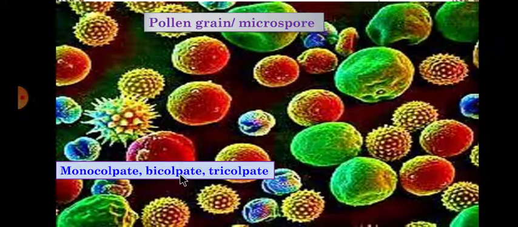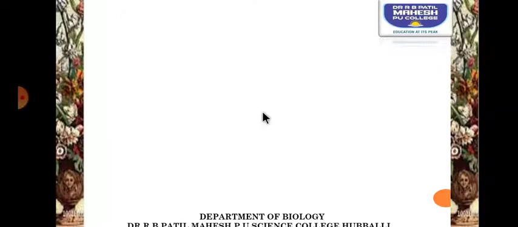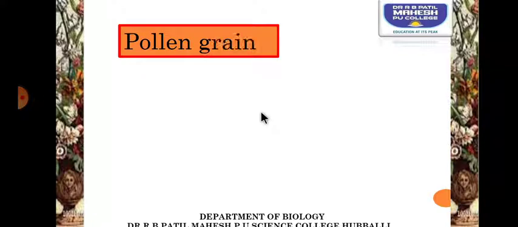A pollen grain with two germ pores is called biporate or bicolpate, and similarly with three germ pores is called triporate or tricolpate. So the vegetative cell is also called the siphonogamous cell, which makes the pollen grain form a pollen tube. So, pollen grain is a male gametophyte which will have two male gametes which are non-motile.